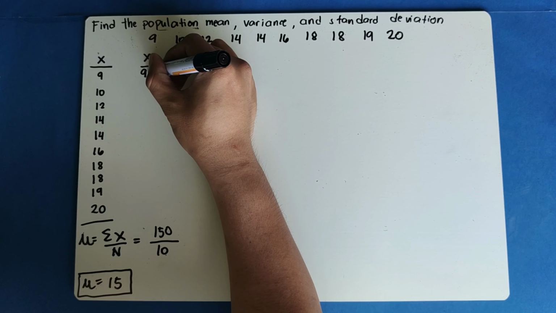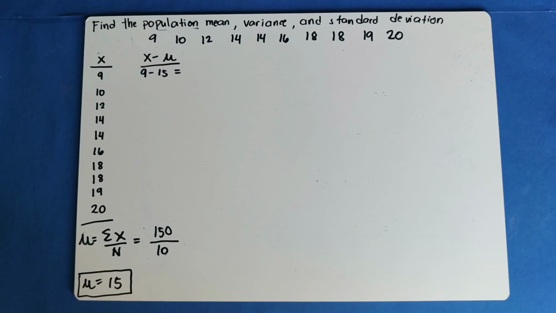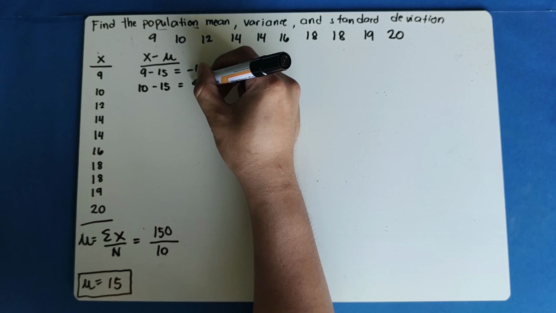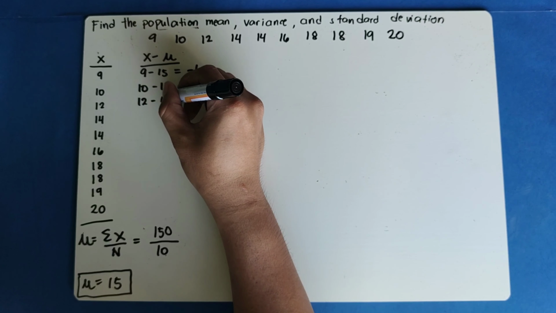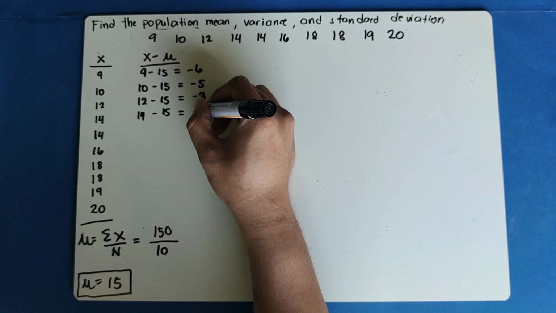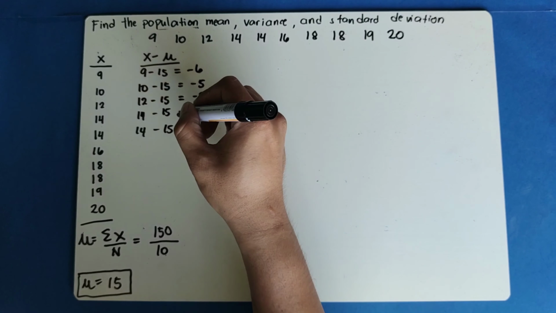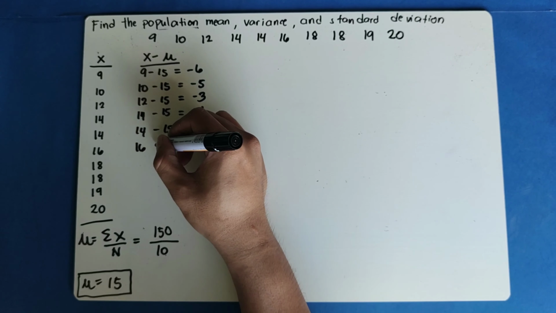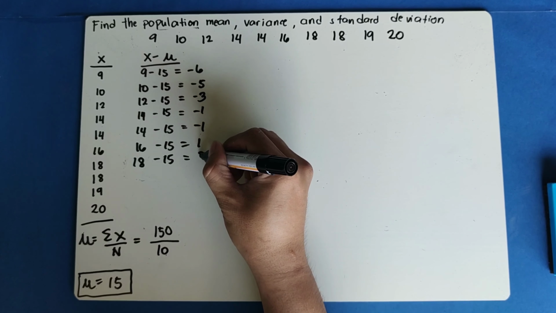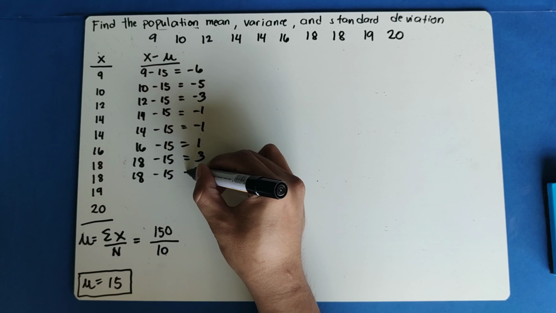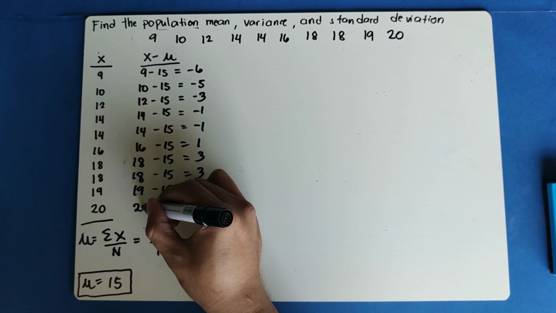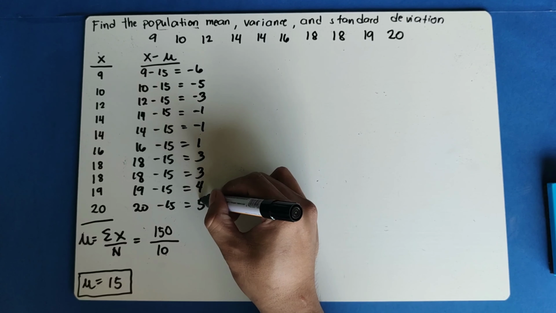So, let's start. 9 minus 15, the result is negative 6. 10 minus 15 is negative 5. 12 minus 15 is negative 3. 14 minus 15 is negative 1. 14 minus 15 is negative 1. 16 minus 15 is 1. 18 minus 15 is 3. 18 minus 15 is 3. 19 minus 15 is 4. And 20 minus 15 is 5.